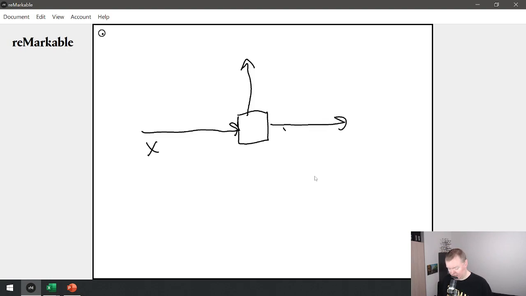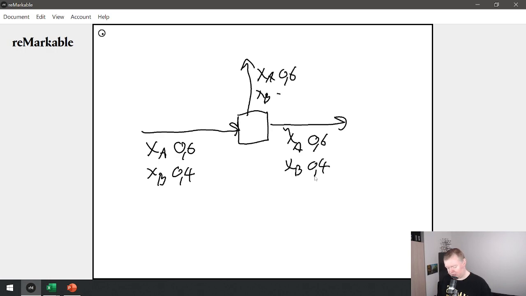So let's say we have XA, XB, and just to make it easy, let's say it's 60% and 40%, then A and B in the two others is also 60%, 40%, 60%, 40%. Stream 1, 2, 3. So why is it that suddenly I only have one independent equation?